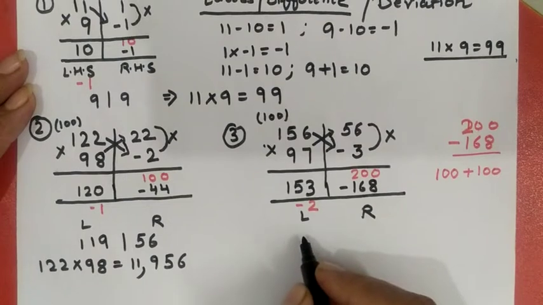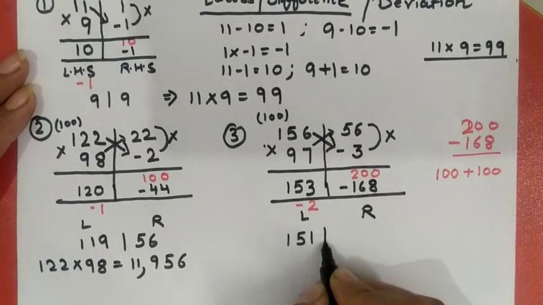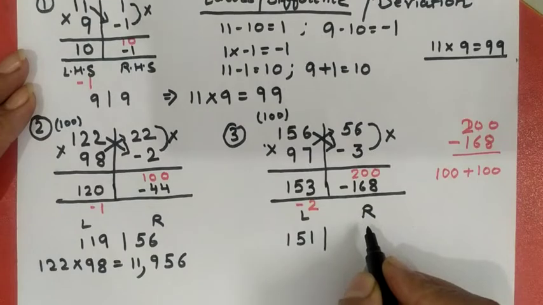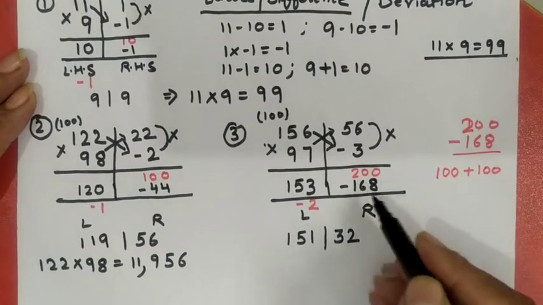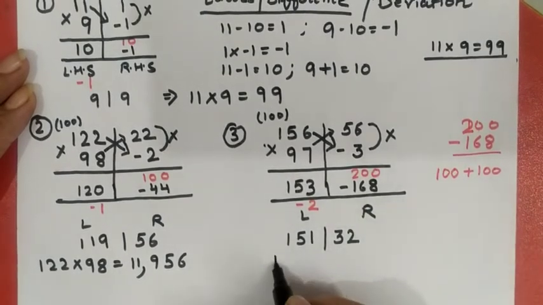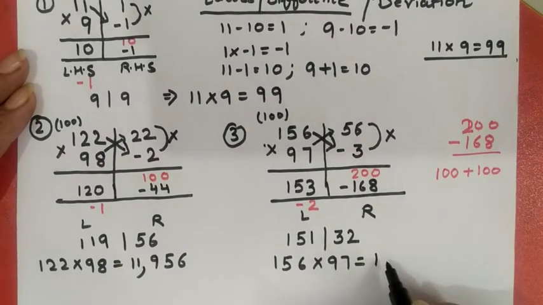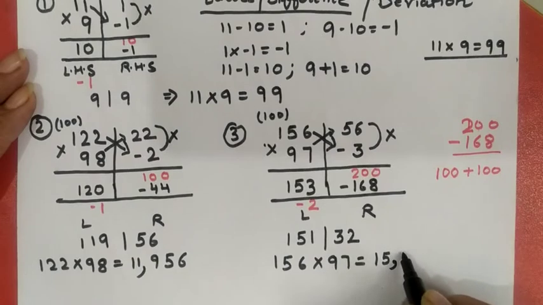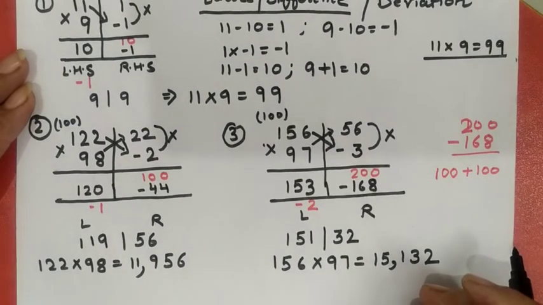So on subtracting 2 from this, we get 151, and on subtracting 200 from 168, we will be getting 32, right? 10 minus 8, 2, 9 minus 6, 3. So here comes your answer. 156 into 97 comes out to be 15,132. See how easy it is, right?